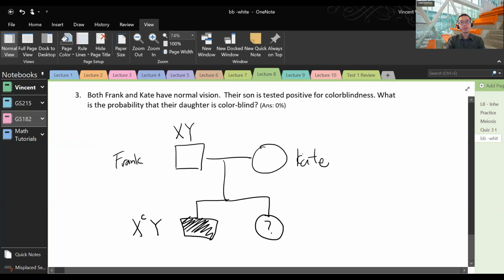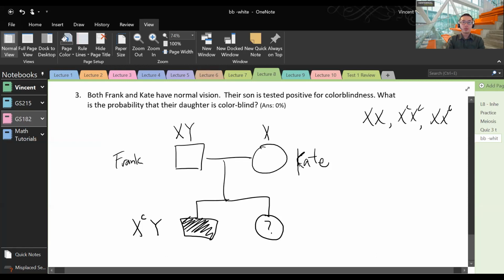And Kate, can someone tell me what is the genotype for Kate? There are three choices. Is she XX, XCXC, or XXC? Which one is it? She has normal vision.